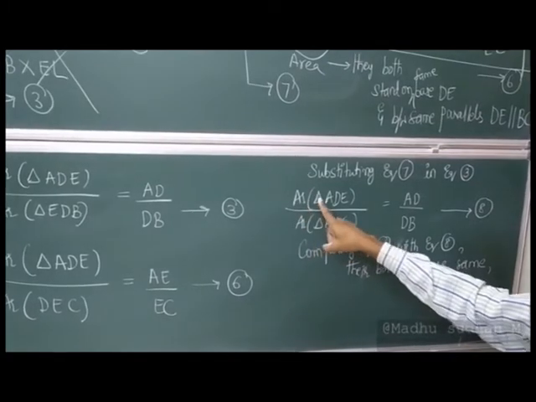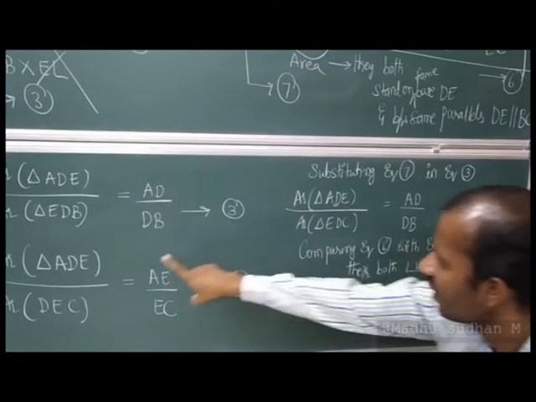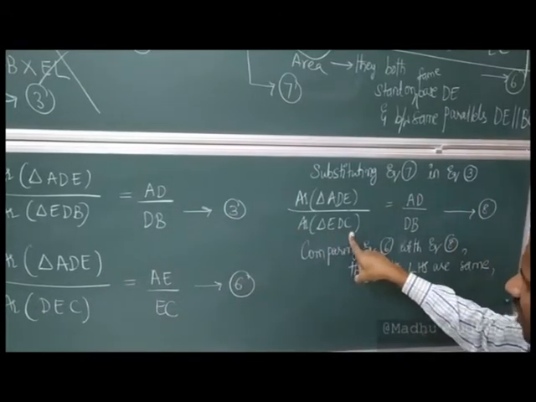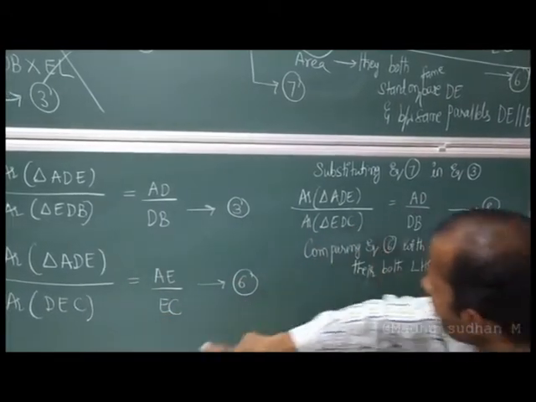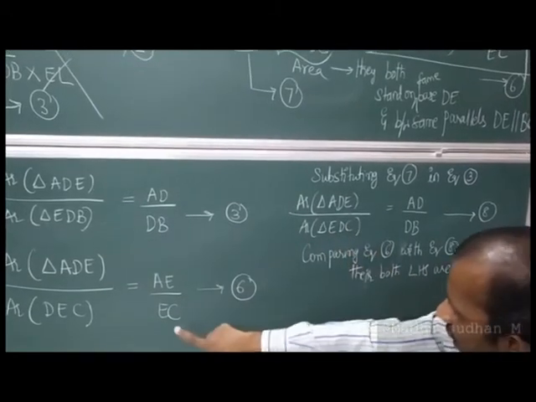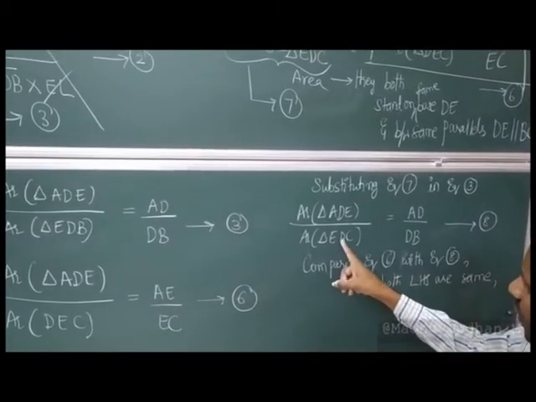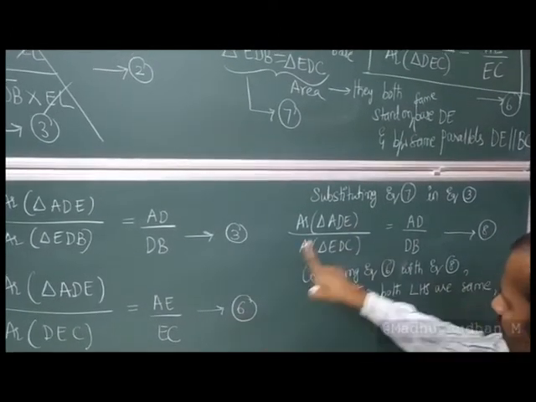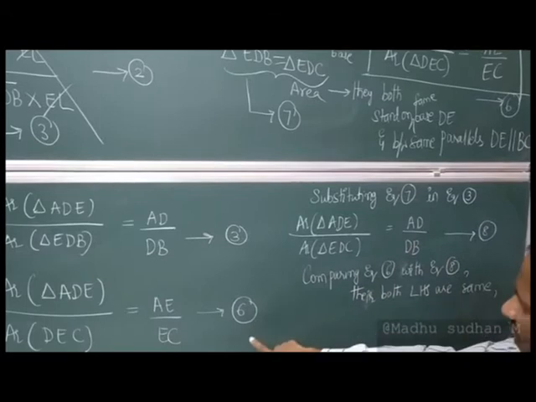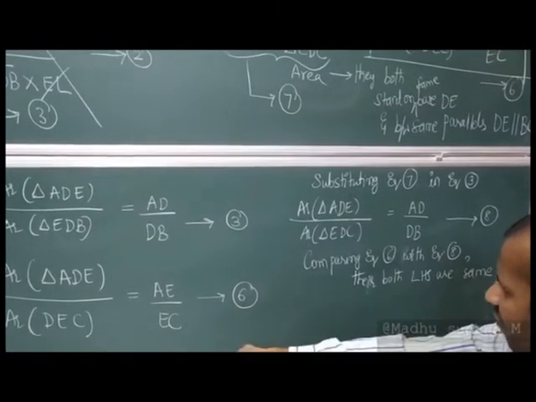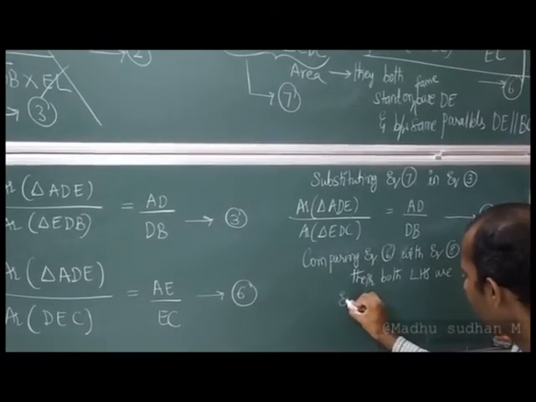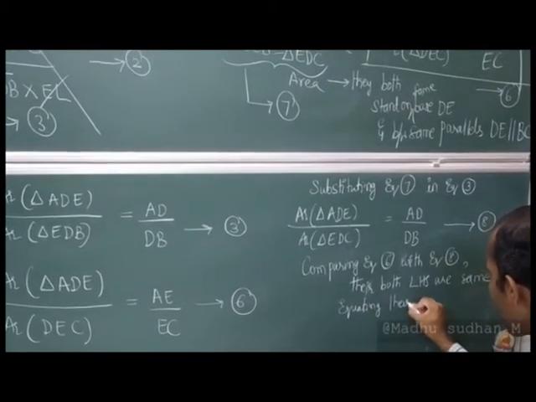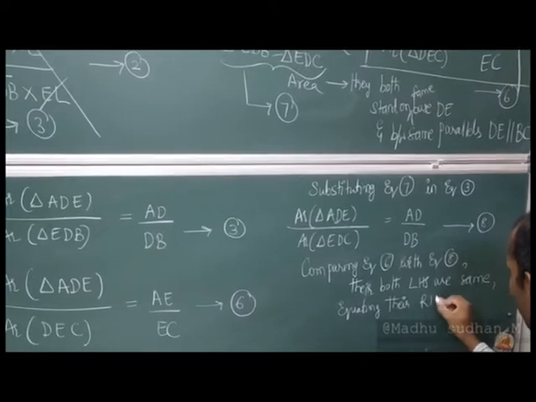Area of triangle ADE, and here area of triangle EDC or area of triangle DEC. Area of triangle EDC or area of triangle DEC both mean the same triangle. So when we compare the LHS of these two equations 6 and 8, we find that the LHS are equal, right? Therefore, equating their RHS.